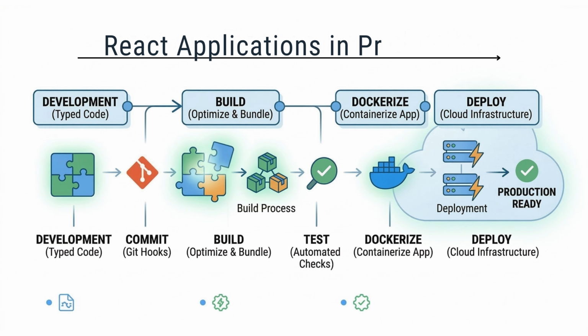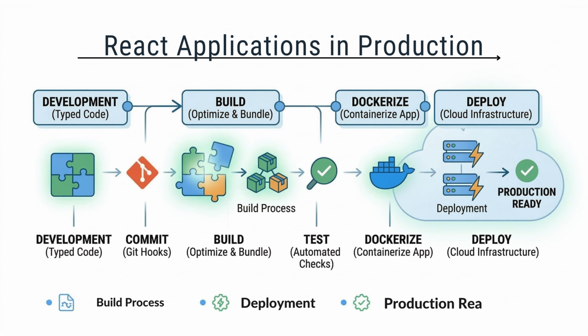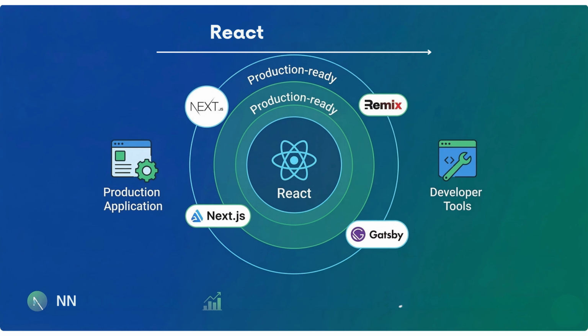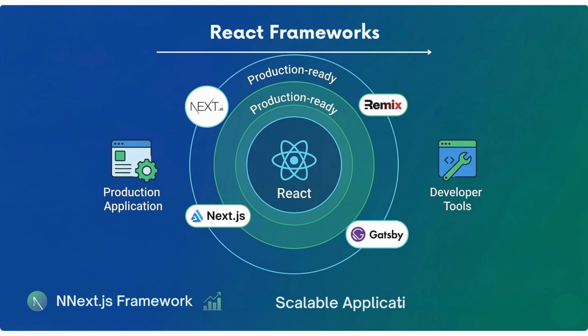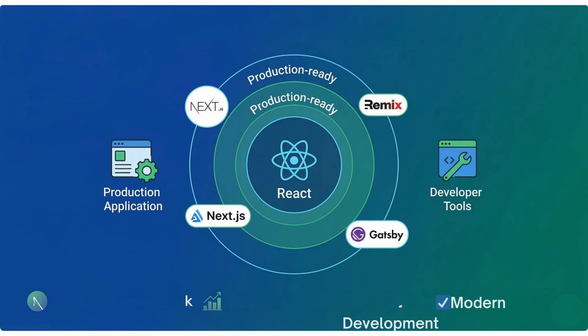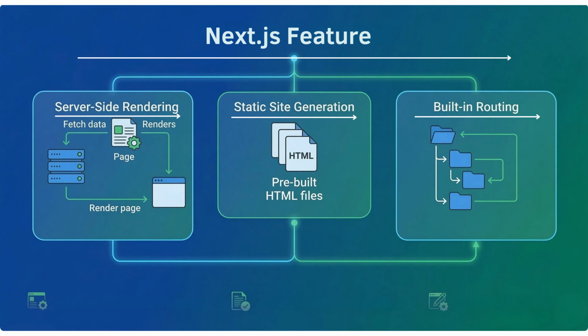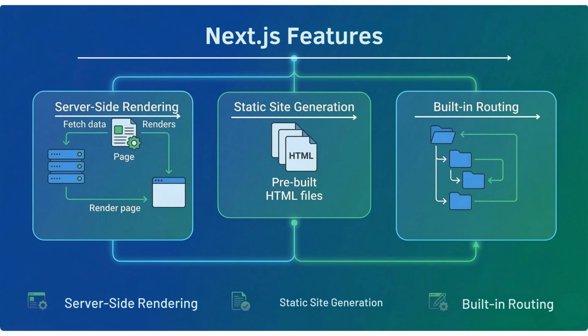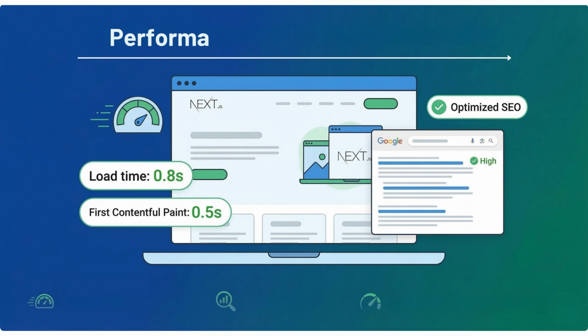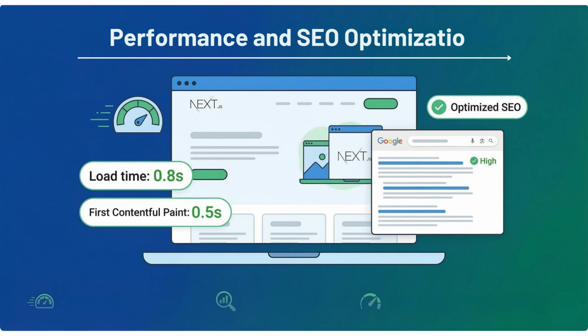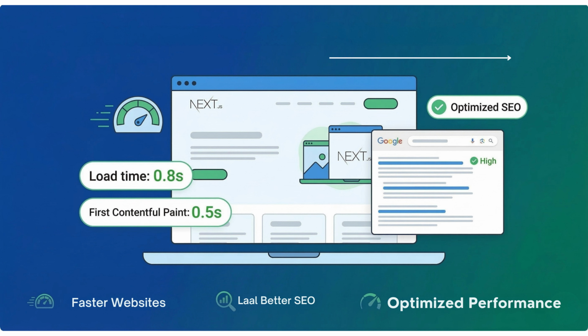Production and React ecosystem. Finally, let's talk about React in production. React applications are often built using frameworks like Next.js. Next.js adds powerful features such as server-side rendering, static site generation, and built-in routing. These features improve performance and search engine optimization.